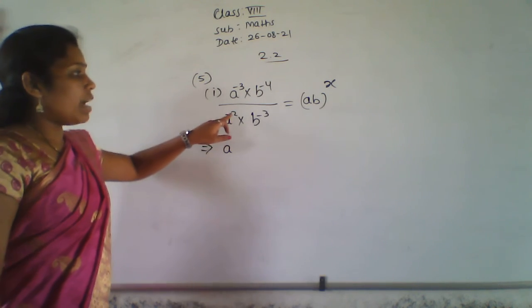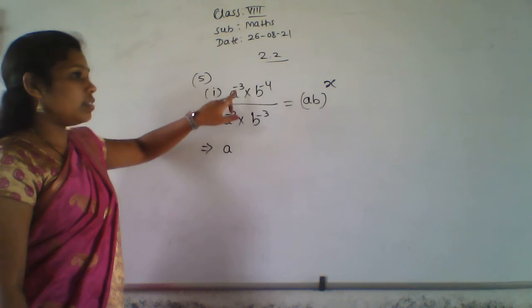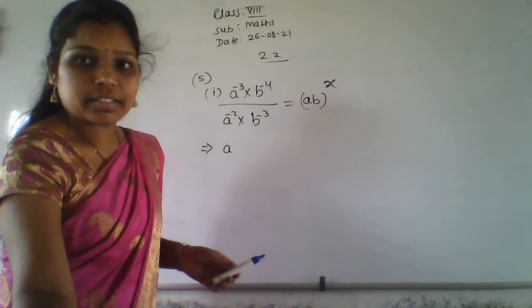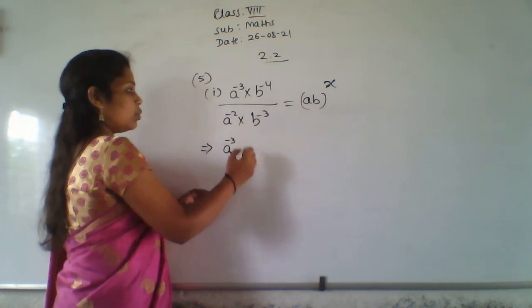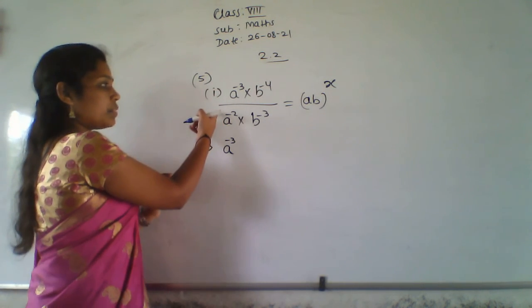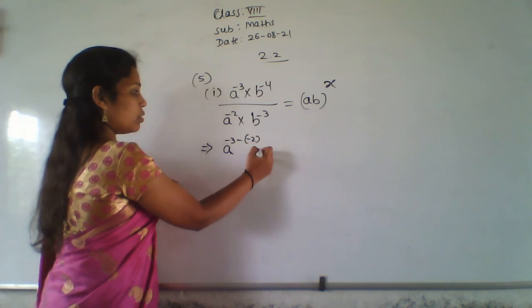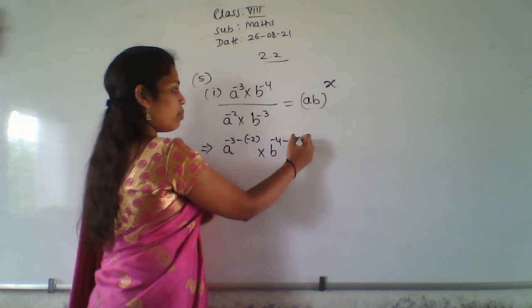Here a to the power minus 2 is divided, which means we have to subtract this minus 3 power. So here minus 3, when you take minus of minus 2, we have to subtract. a to the power minus 3 minus of minus 2, and next b to the power minus 4, again minus of minus 3, right?